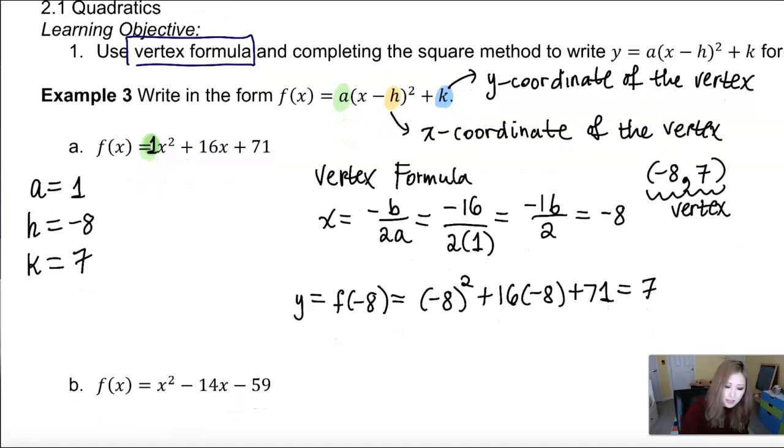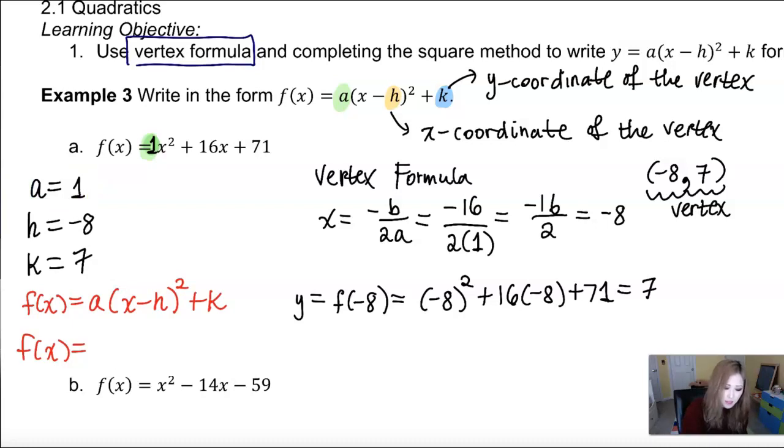Now, let's go ahead and plug it in. Okay, I'm going to write the answer in red pen, okay? f of x equals, I'm going to go ahead and write down the form first, and then we're going to plug in together. So first of all, f of x equals, what is the a value? You can see a is equal to 1, right?